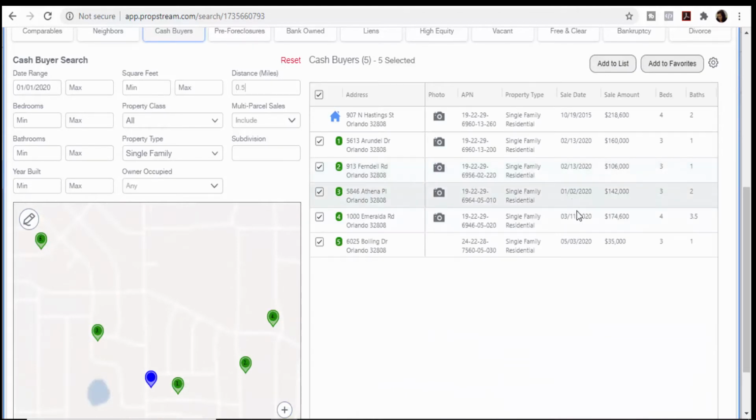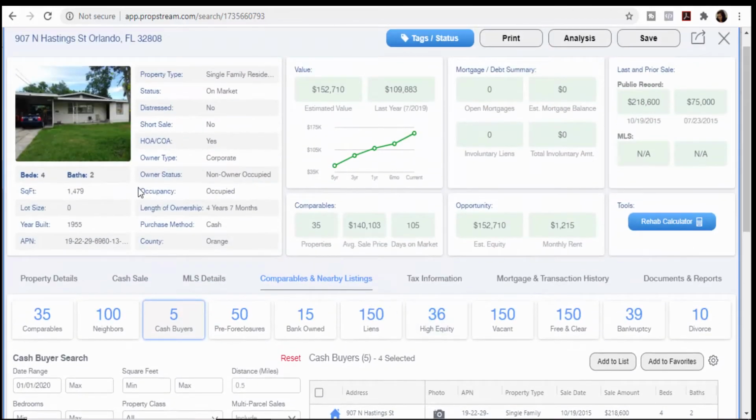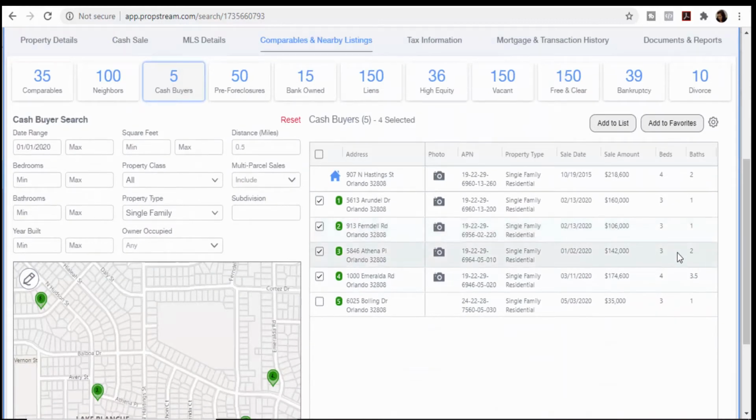Okay. We have 106. This 35 we're going to just throw right out. And then 174, we're always going to throw out our highest and our lowest. This is a 4-bedroom, 2-bath. Okay, so you can see the 3 2s are going for about 142.